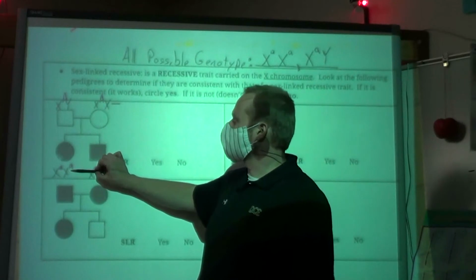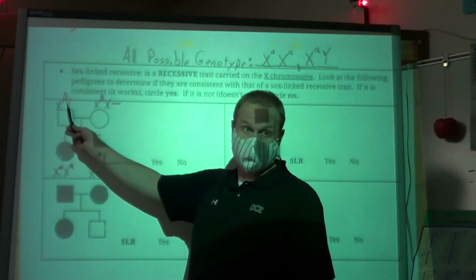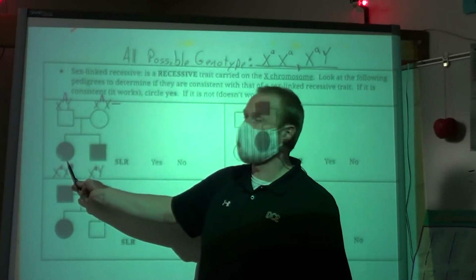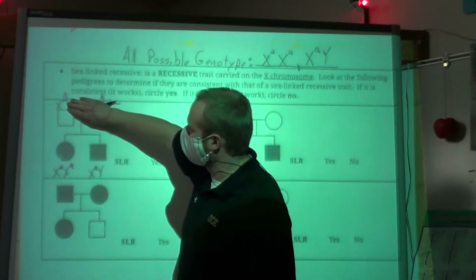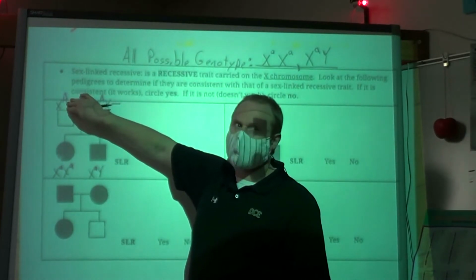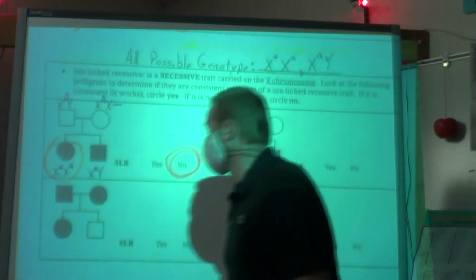No. Because which chromosome did Dad give to the daughter? She doesn't have a Y, so Dad had to give the X. Does Dad have an X little a to give? Nope. So this one is not possible because of that individual right there.